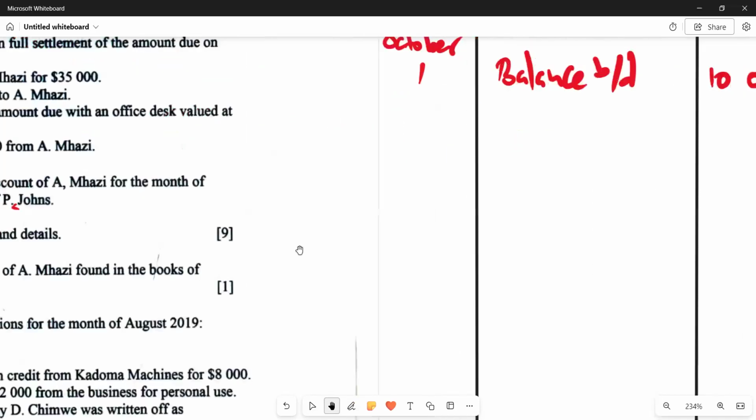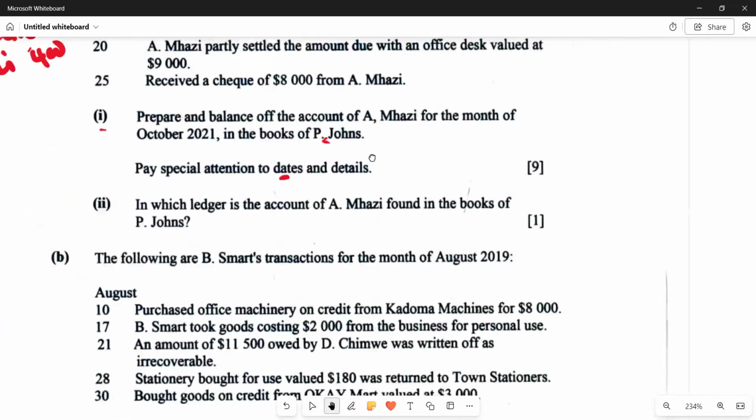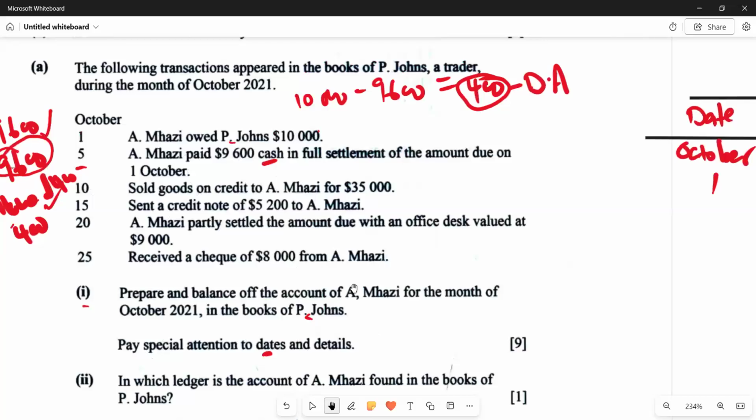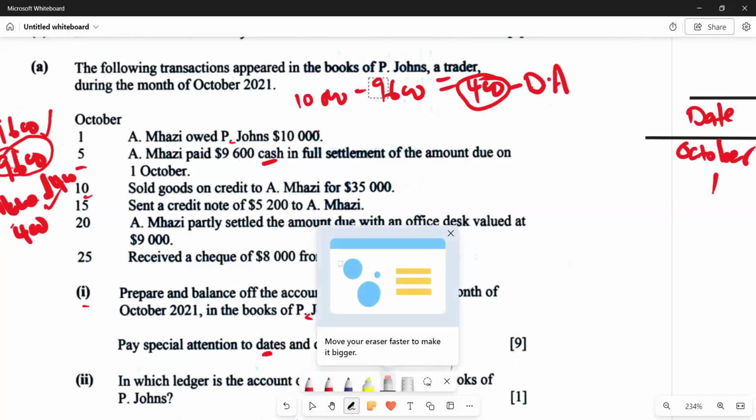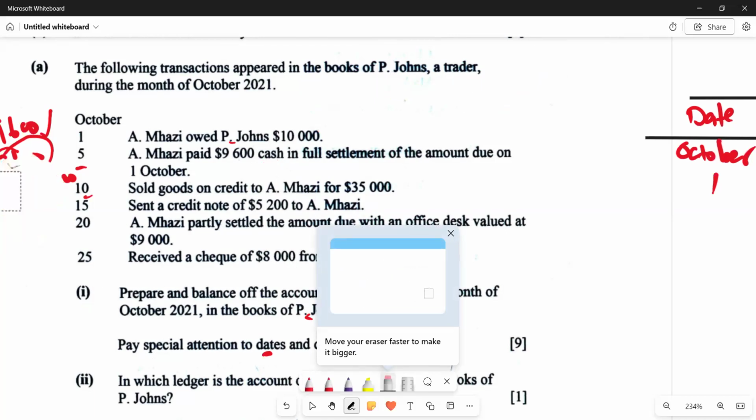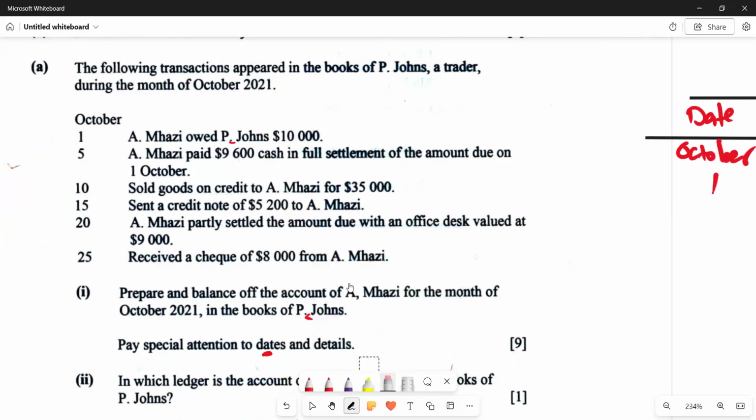So this is what we have, and then we can just try to see on the next transaction what we have. If you go to the next transaction now, that is on the 10th. Maybe we can just remove what is there so that we make it clear. We are now on the 10th.